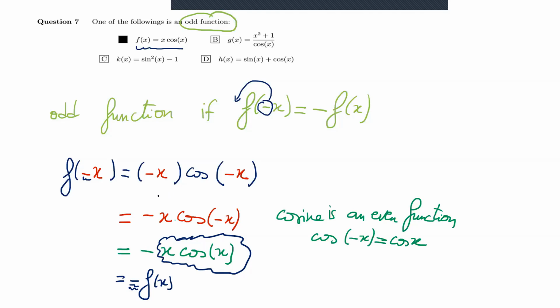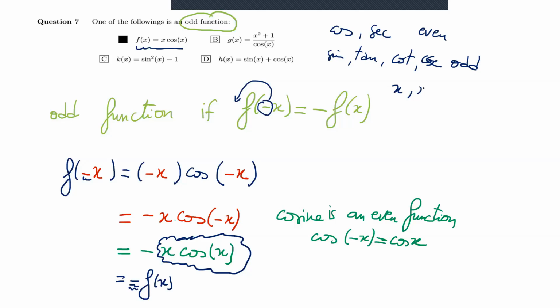There is another way to say it. We know that cosine and sec are even. We know that sine, tan, cotan, cosec are odd. We know that polynomials, monomials with odd power are odd.